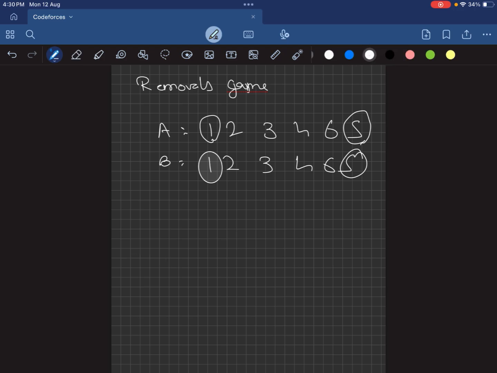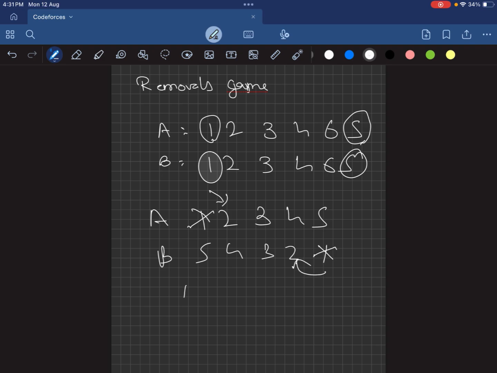And there's also another case where Bob can win. For Bob to win, Bob should have an array such that after deleting a particular element, it has the same access to the same element that Alice has. This is also possible when array B is the reverse of array A. For example, if array A is 1 2 3 4 5 and Bob's array is 5 4 3 2 1, if Alice deletes 1, Bob can delete 1, and Alice gets access to number 2, and Bob also gets access to number 2.